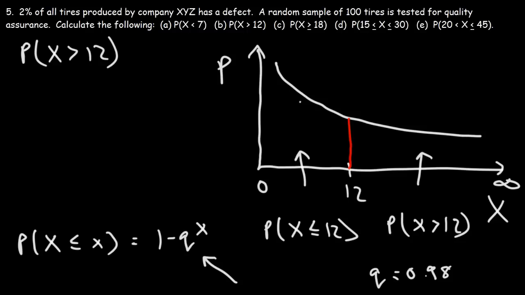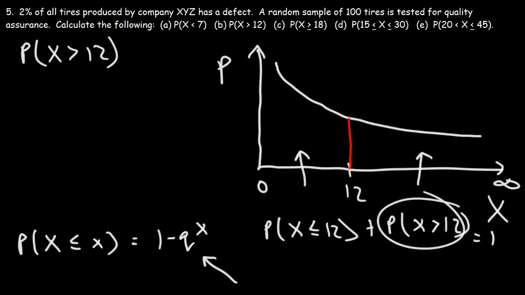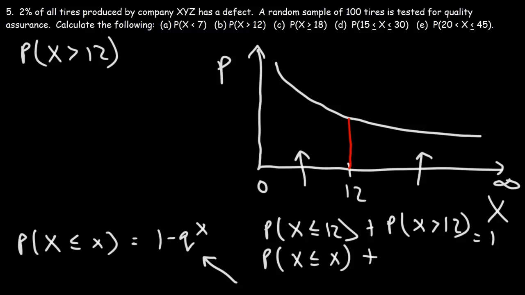Now, the area under this curve from 0 to infinity has to equal 1, because that's the most that probability can be equal to. So if we add these two values, this is equal to 1. Now what I'm going to do is rearrange this equation to get this one. But first, let's write it in terms of little x.